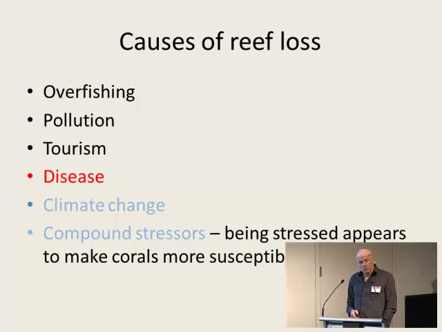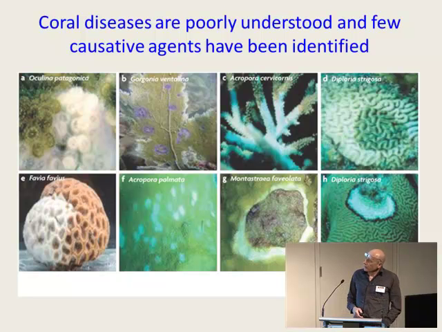It's not so much of a problem yet in Australia, I don't think, but it's been absolutely catastrophic in some parts of the world, and has been largely studied in terms of its distribution, its phenotypic effects and so on. We know very little about mechanisms of disease. And on the converse side, we know very little about how corals respond normally to the immune challenges which they must face day to day on a coral reef.